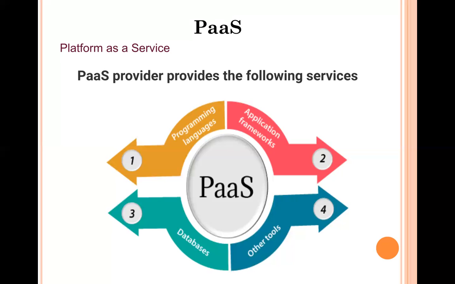Then databases. It also provides databases like MongoDB, Redis, ClearDB, to communicate with the application. Then it provides other tools, as various tools are required to test, develop, and deploy the applications.